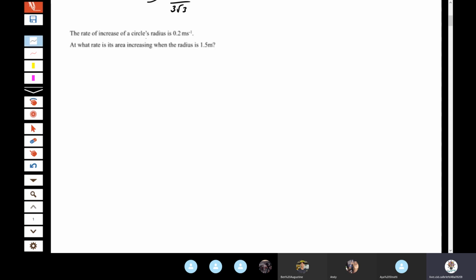Okay, the rate of increase of a circle's radius is 0.8 meters per second. So again, if I was to see this, what do I know 0.8 equals to? Radius. Andy, what are you going to say? 0.8 equals to d what on d what?